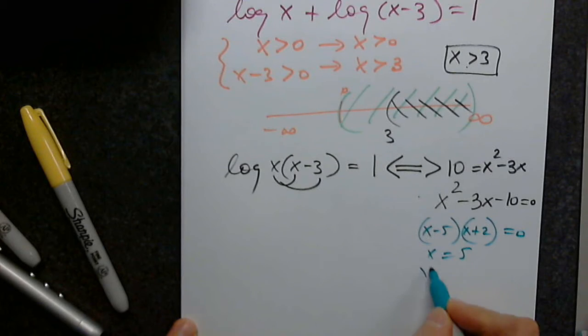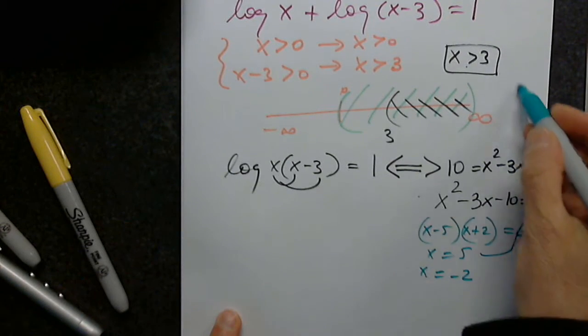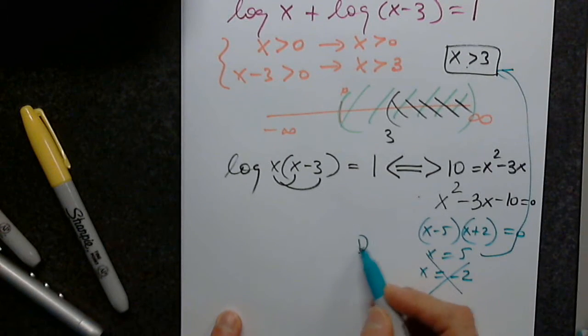So then x equals 5 and x equals negative 2. What do you think I'm going to do next? Correct. I don't have to go back to the original problem because I took the time and stated the common domain. So now I see this one is okay and this one is not, and I'm done.